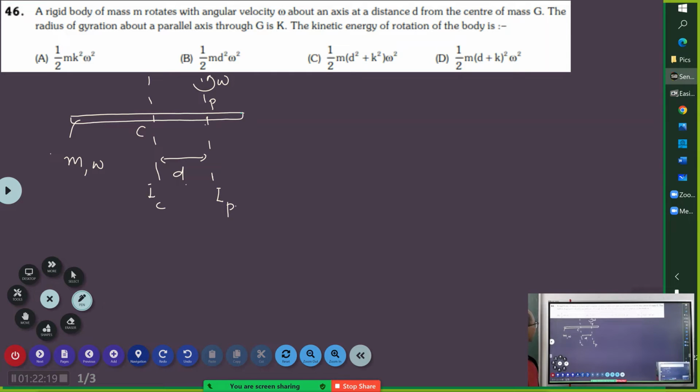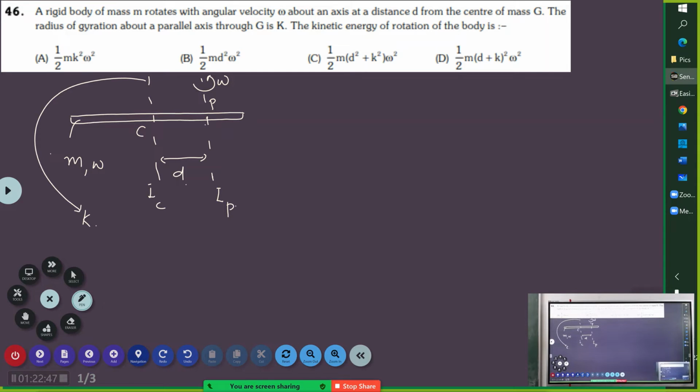The radius of gyration about a parallel axis through G. That means now he is taking this axis. Correct? The radius of gyration he is taking as k.